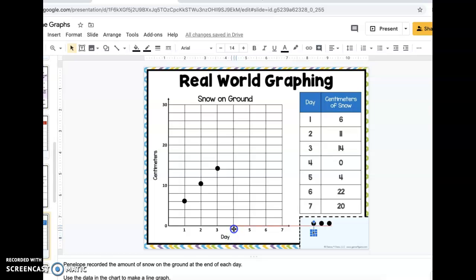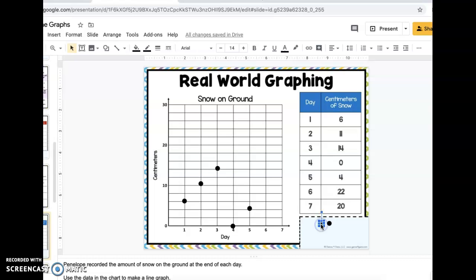And there was no centimeters, so it's actually going to stay on the line here. Did not go up. Day 5. It went 4 centimeters, so it's going to go 2, 4. So look, there's a sharp decline in snow on that 4th day. Went up a little bit on the 5th.